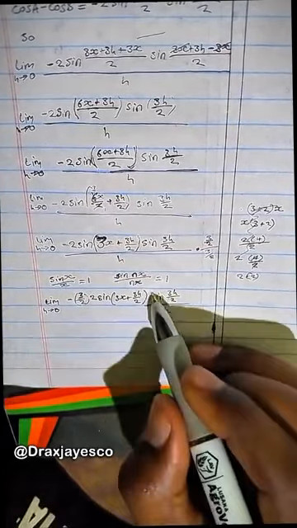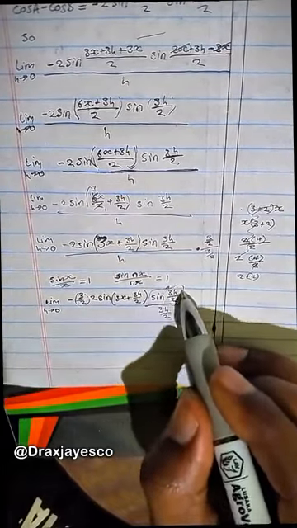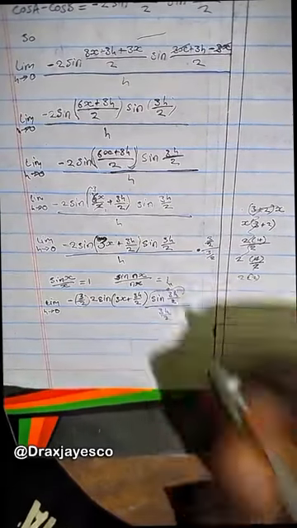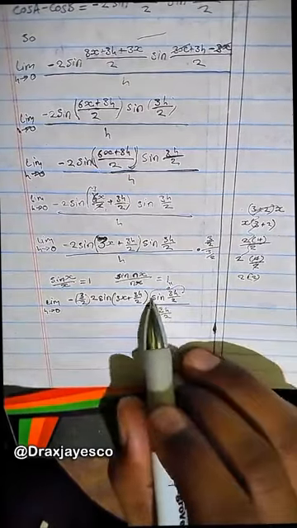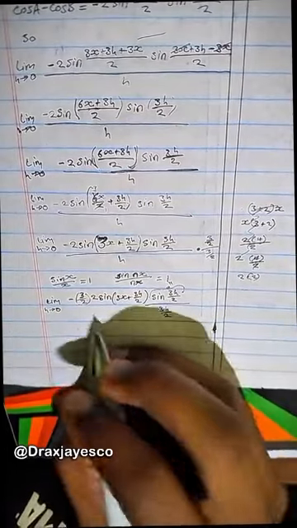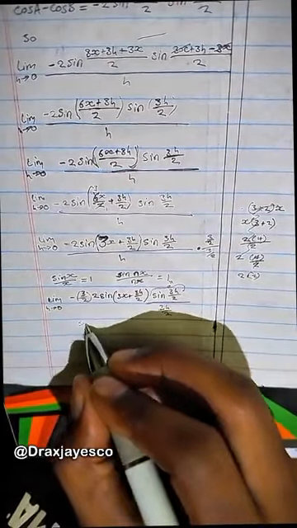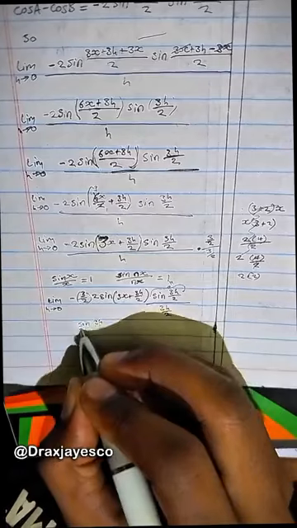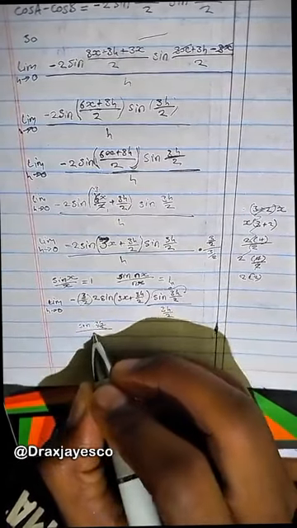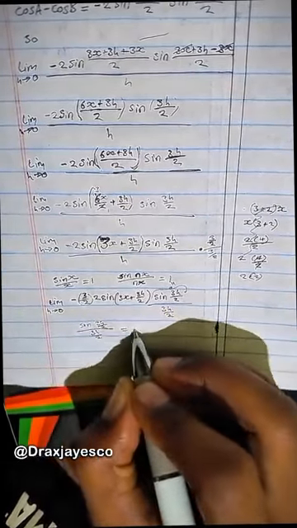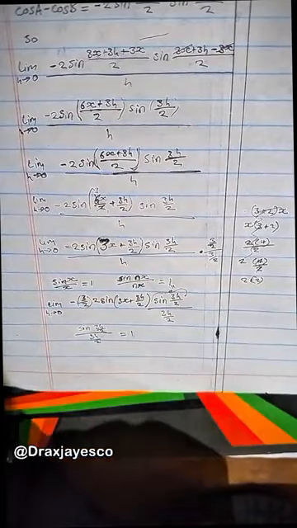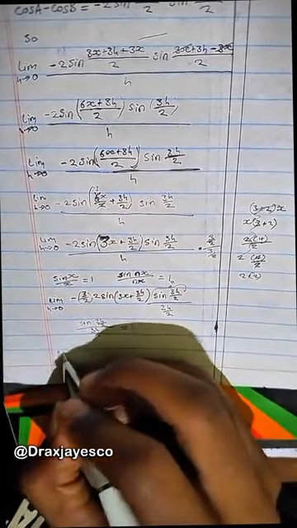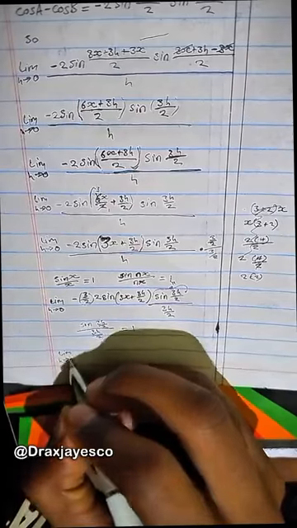So in short, this whole thing is equal to 1. This thing is equal to 1. So you don't have to write that, you just have to know that now this thing is 1. Or you can write it here, sine 3h over 2 over 3h over 2 is equal to 1. So you see, limit as h approaches 0.